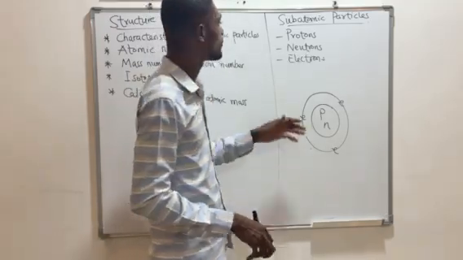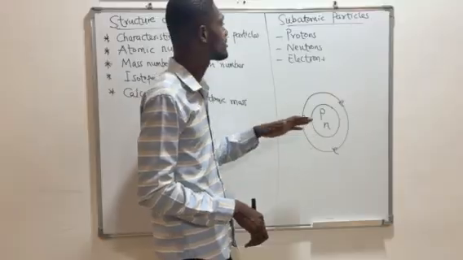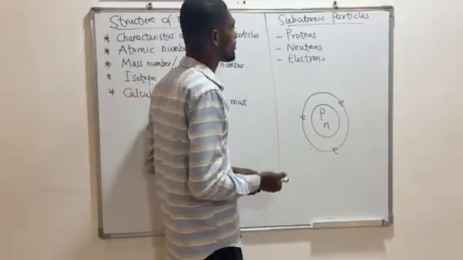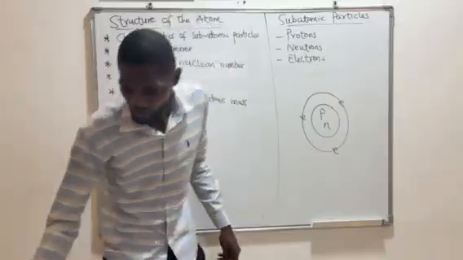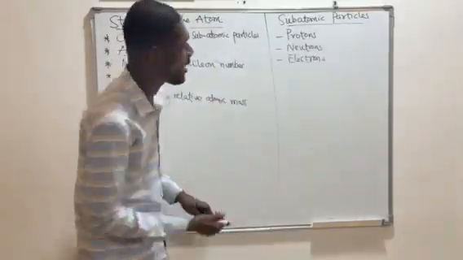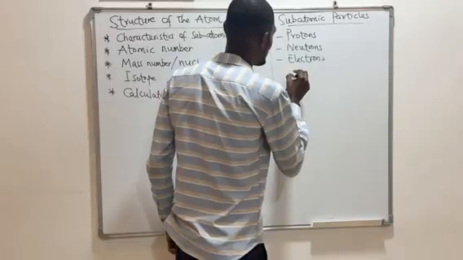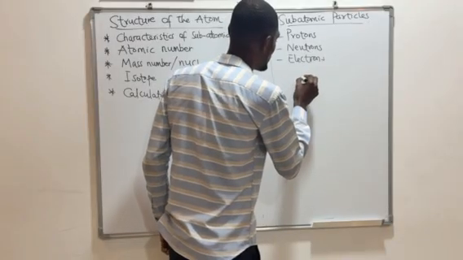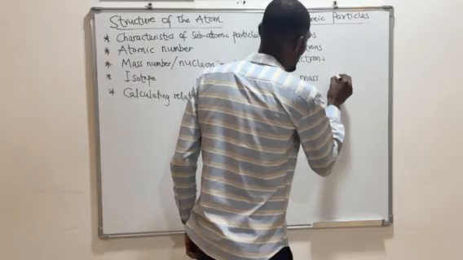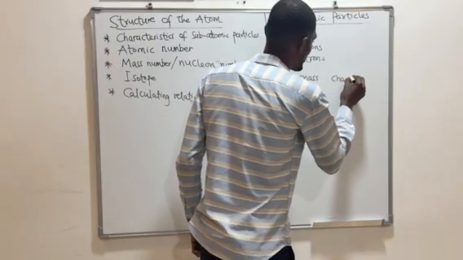Now, moving on, we want to look at the characteristics of these subatomic particles. We are looking at their characteristics based on the mass and the charge.